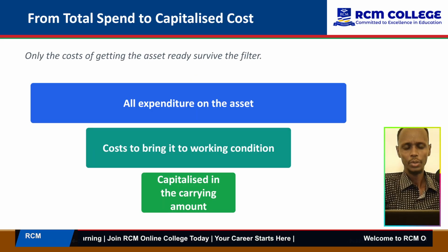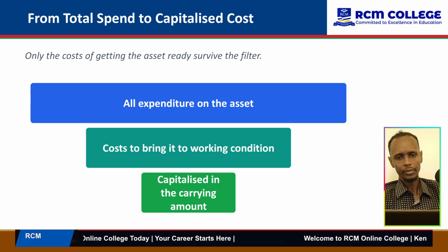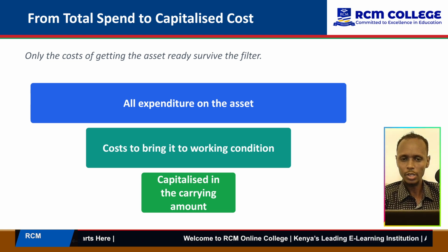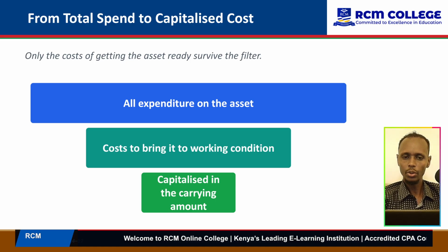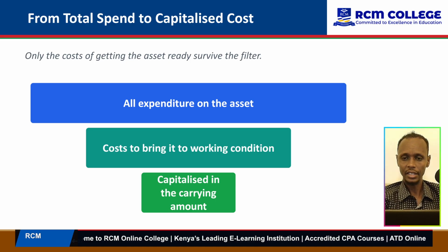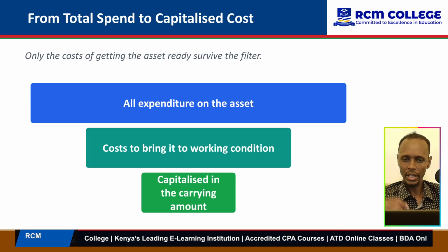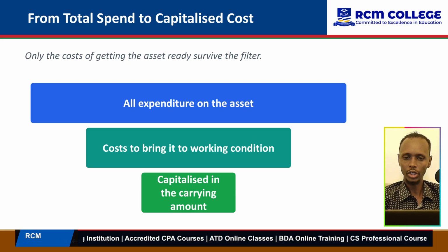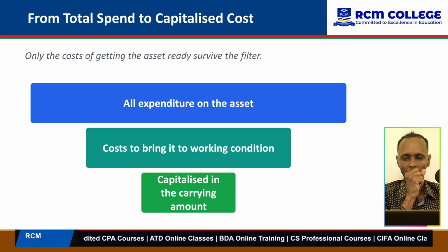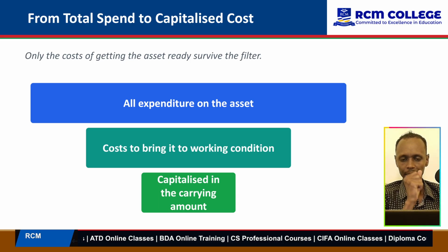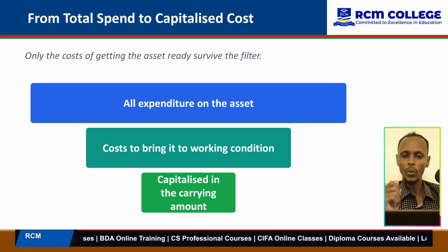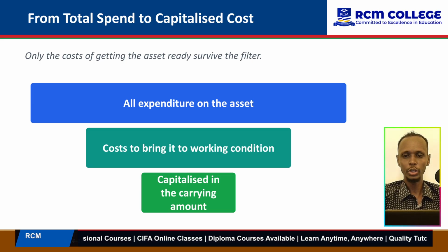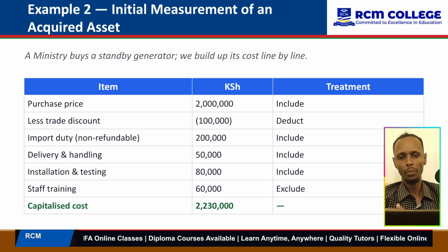So this is the logic. For all expenditures on the asset, if you know the cost to bring that asset to its present location and working condition, then IPSAS tells us we capitalize that asset. We put them in our books.